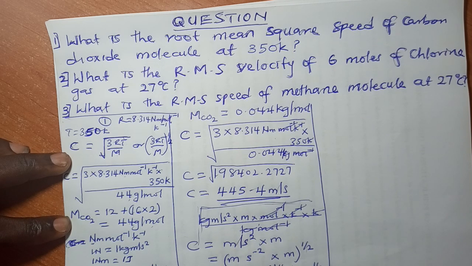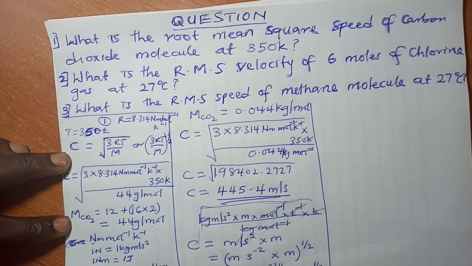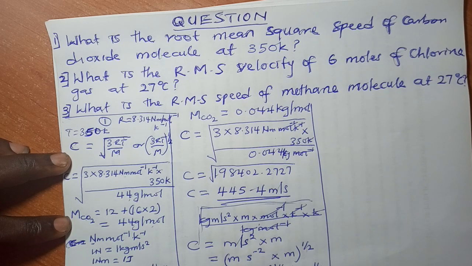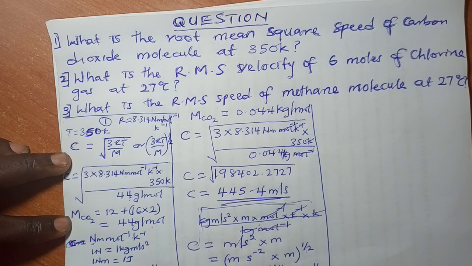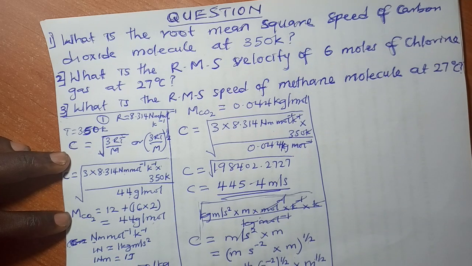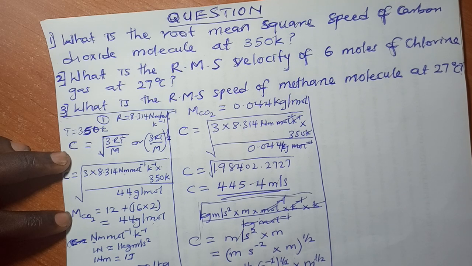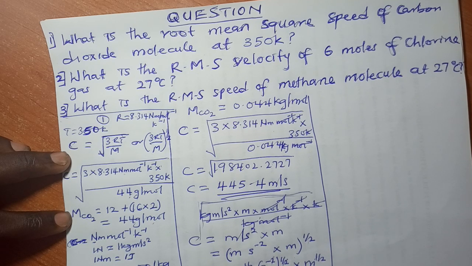If you bring these together, you are going to have meter to the power of one over 2 plus one over 2. You see, you bring the indices together, then the 2 here will cancel this 2.